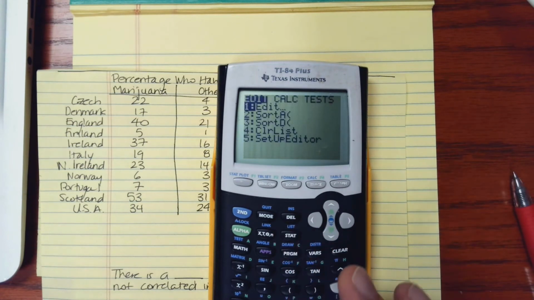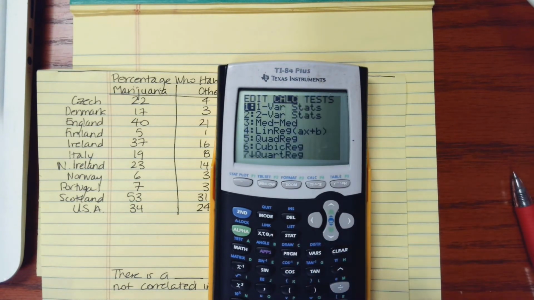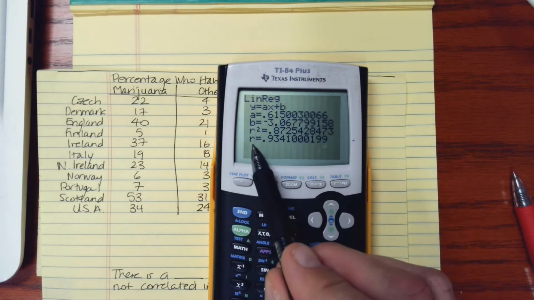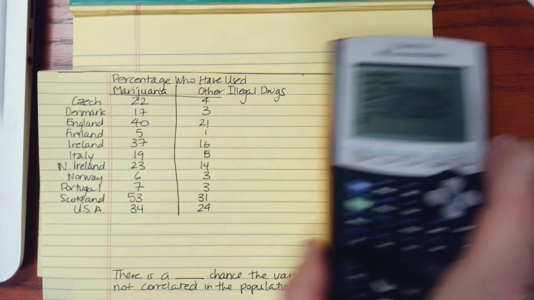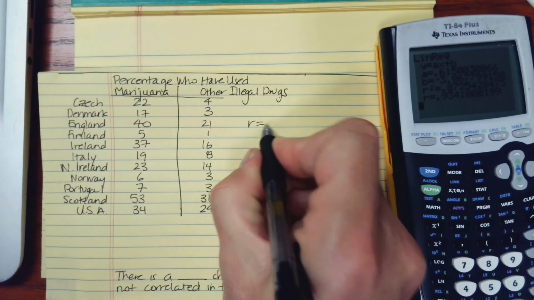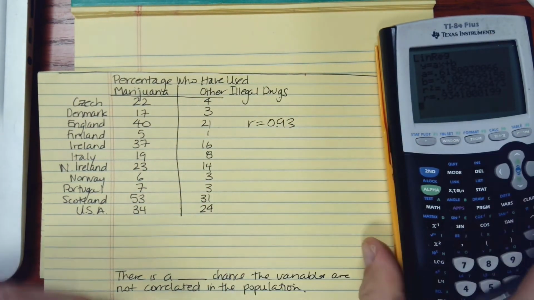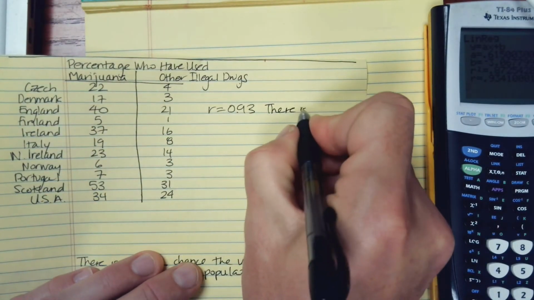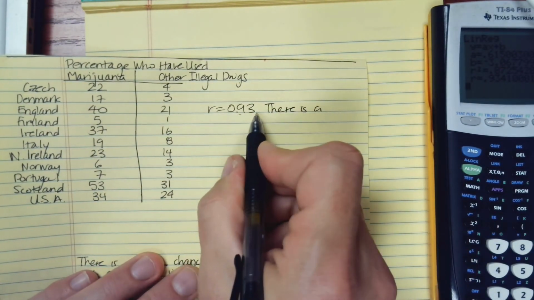So stat, calculations, option 4. My data is in list 1 and list 2. And I see an R of 0.93. So R equals 0.93. So yes, this is actually pretty close to positive 1.